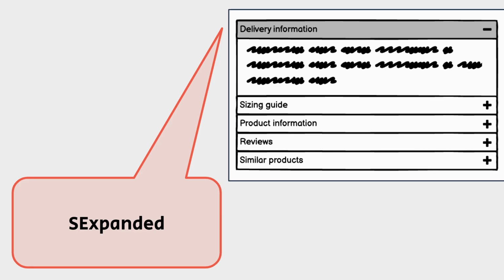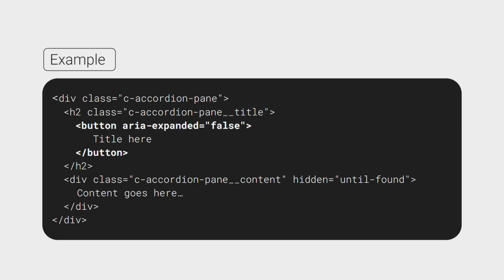Okay, so we'd hear that it's expanded, but it wouldn't read out the information that has become expanded. We would assume that it's going to be the next thing that came on the page, so we could go and find it. Easy to do, we add the ARIA expanded to the button. So button ARIA expanded false.